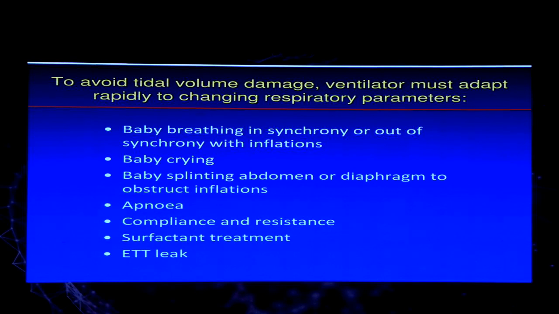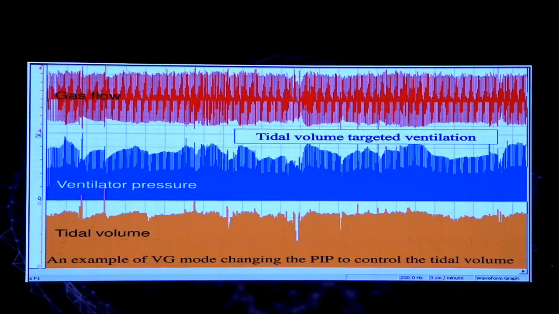So if the compliance improves, the ventilator has to respond to the increase in tidal volume and adjust the pressure to maintain appropriate tidal volume, as well as a good estimation of the ETT leak. So here, we try to maintain tidal volume by pressure changing and adapting to such variable changes in the baby.